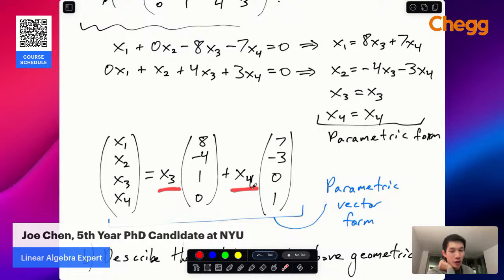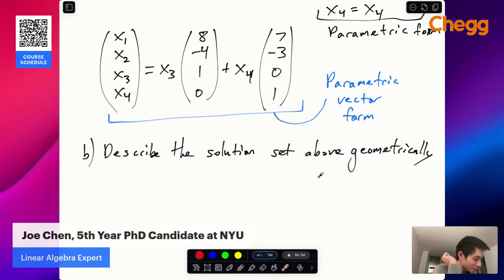So these are called parameters because, okay, how do I interpret this solution? It means that I can put any number I want for x3 and x4, and I can plug it in, compute this, and then I'll get an answer. So for example, maybe just ignore this for now. Below I'll do an example.